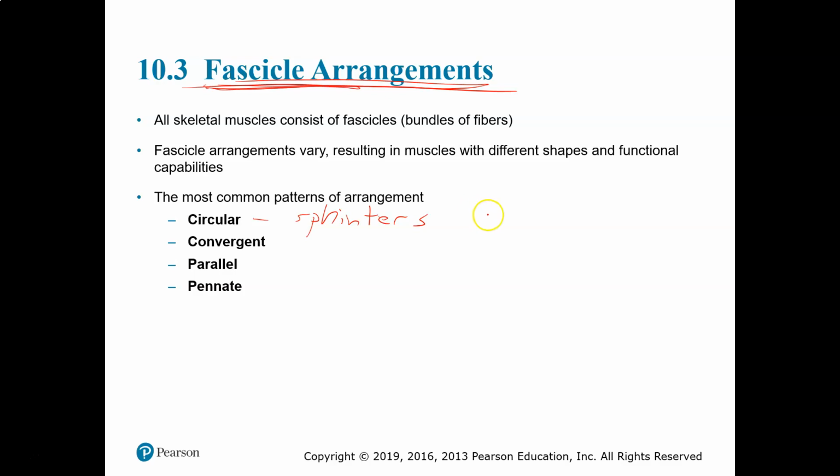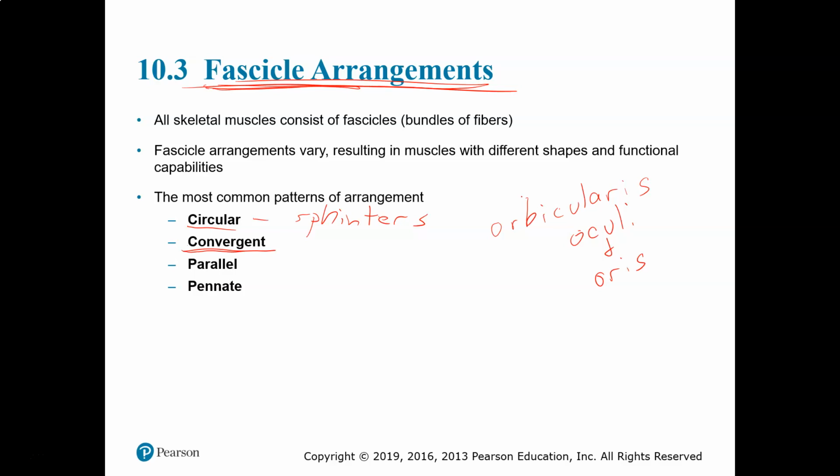Those are circular arrangements. Those are the circular muscles that surround your mouth and your eyes. And then you have muscles that converge. So they have several parts that converge into one.